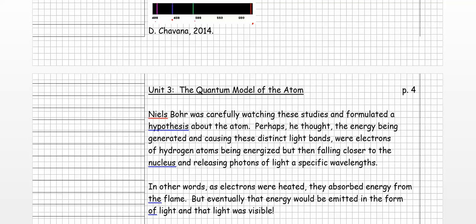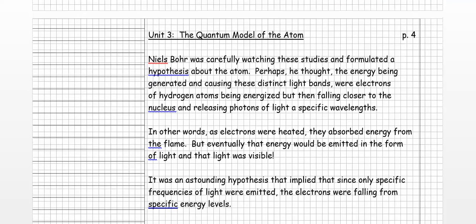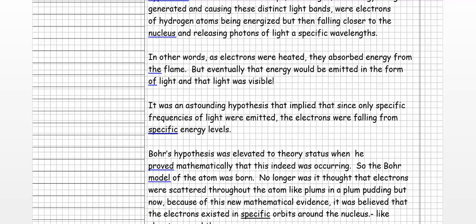In other words, as the electrons were heated, they absorbed energy from the flame, but eventually that energy would be emitted in the form of light, and that light was visible. Okay? It was an astounding hypothesis that implied that since only specific frequencies of light were emitted, the electrons were falling down from specific energy levels.